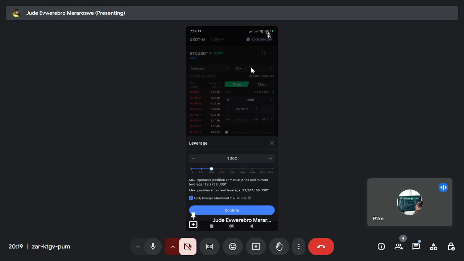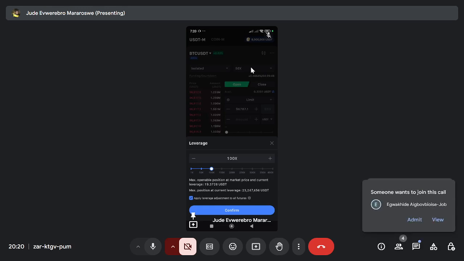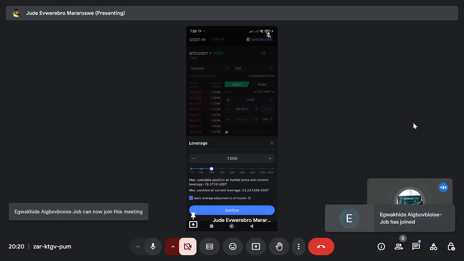But don't forget that they borrowed you. The implication is that the higher the amount they borrow you, the quicker your $10 will finish. The quicker your $10 will be collected if the trade goes in the opposite direction.